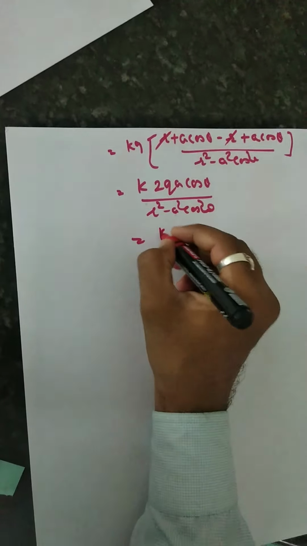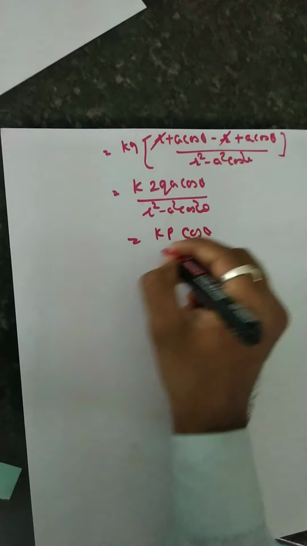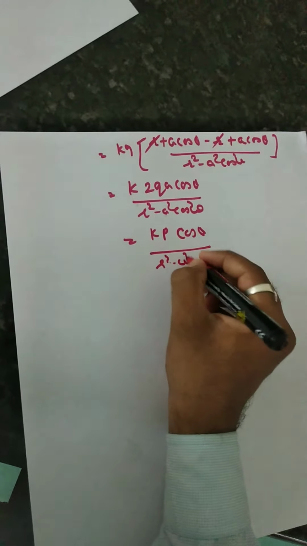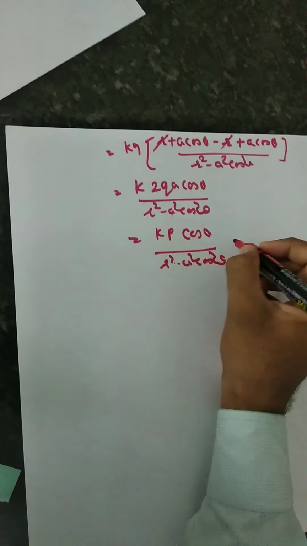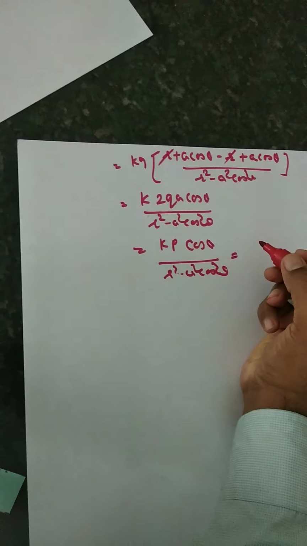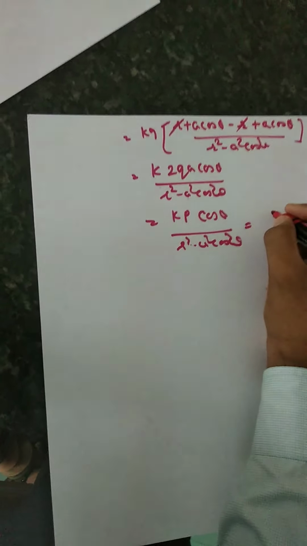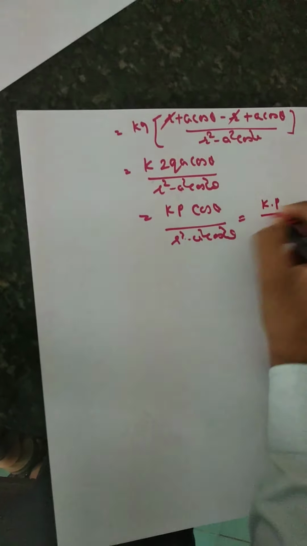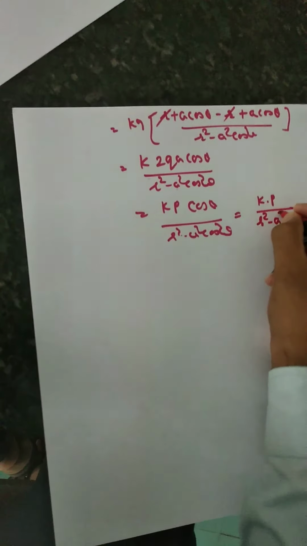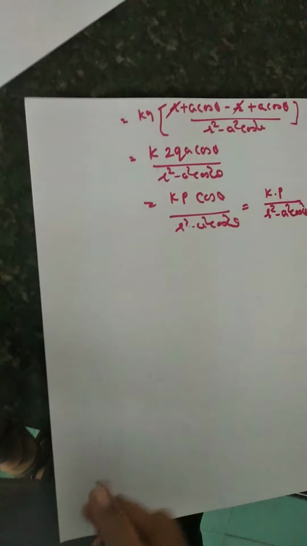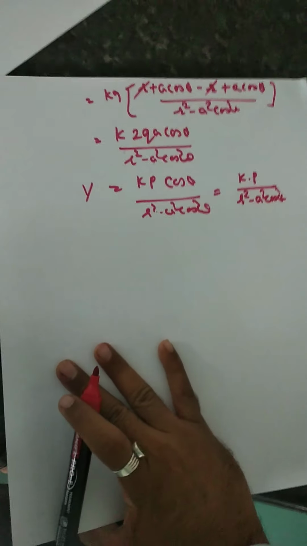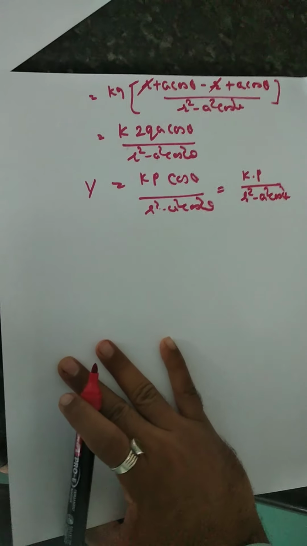So I will put it as kp cos theta upon r square minus a square cos square theta, and since kp cos theta is the product of a scalar quantity, I will write it as k p dot r upon r square minus a square cos square theta. That is the value of electrostatic potential due to an electric dipole.